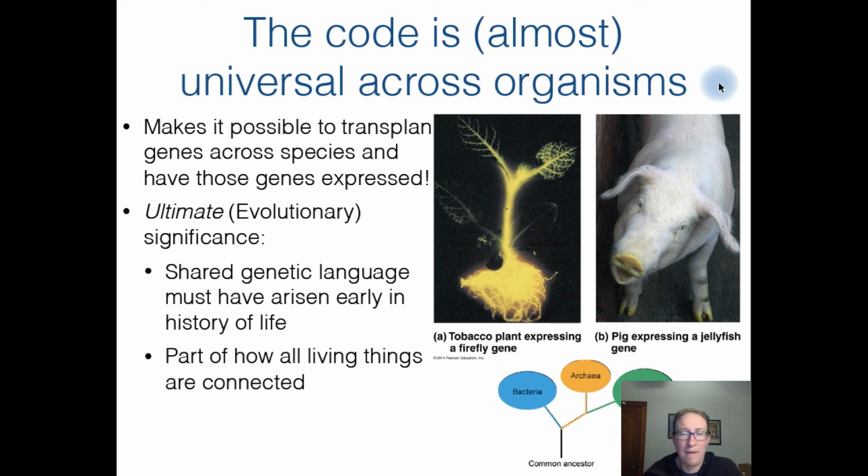And if we think a little bit more about this, the evolutionary significance is that this genetic language from DNA to RNA to protein must have come about very early on in the history of living things. And so it's part of how all living things are connected, kind of coming back to that biology theme of unity.